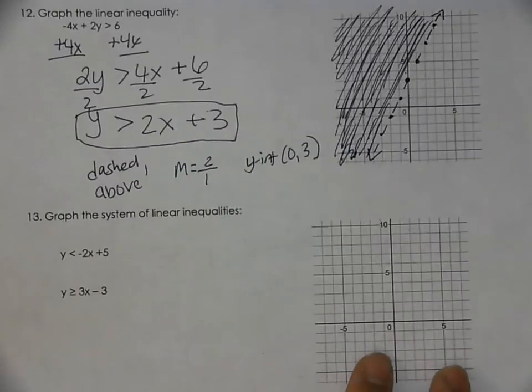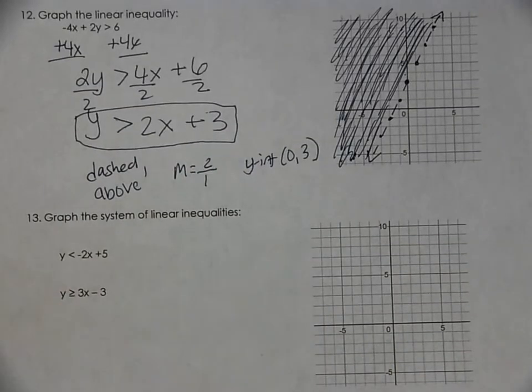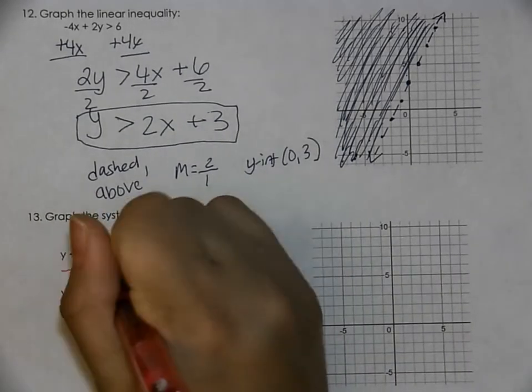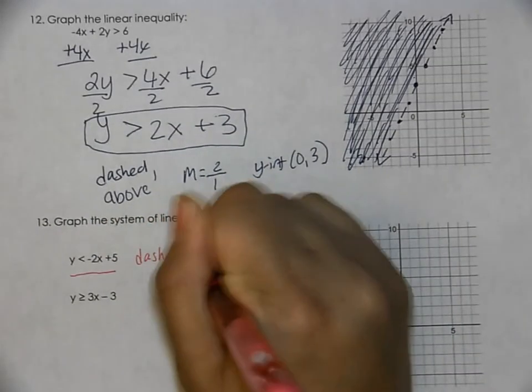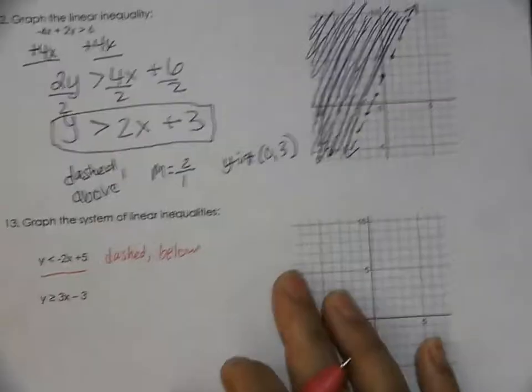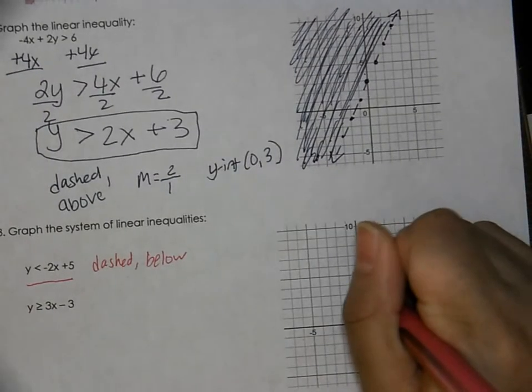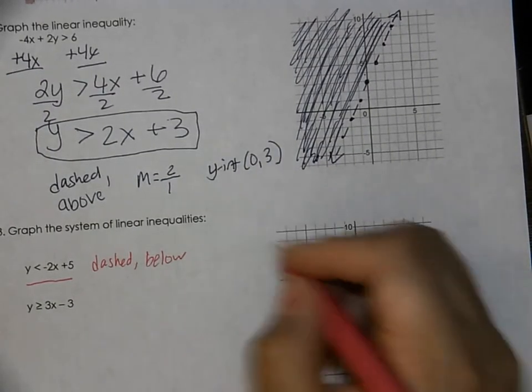It's a system this time, so we have 2 of them. We're going to graph both and then look for where they have a common shading. So I'll use 2 colors here with the graph. The first one, I'll do it in this color, and I know it's dashed, and I'm going to shade below. I start at 5 for my y-intercept, and my slope is -2.